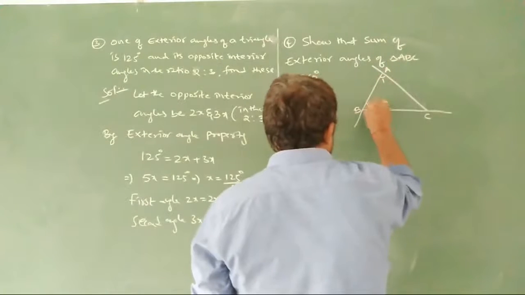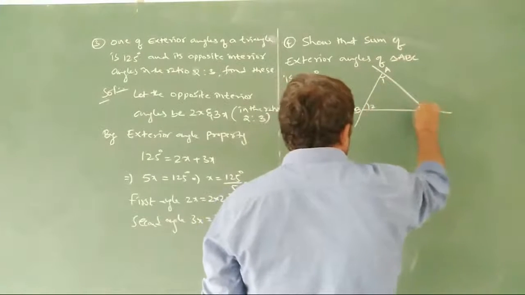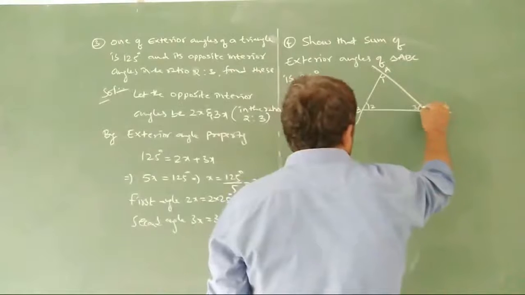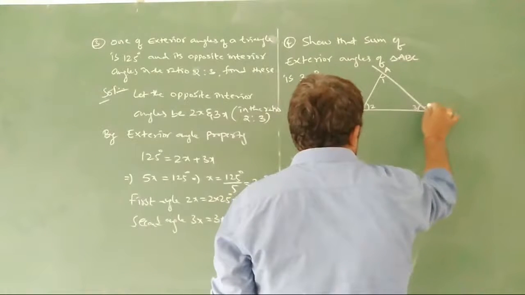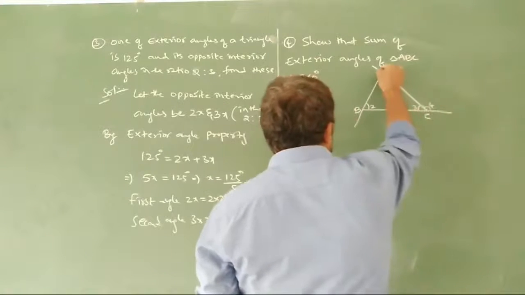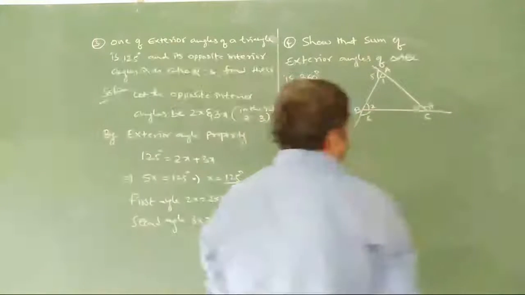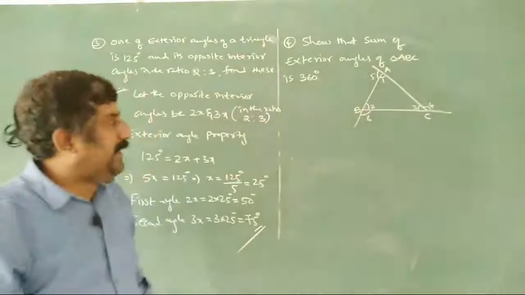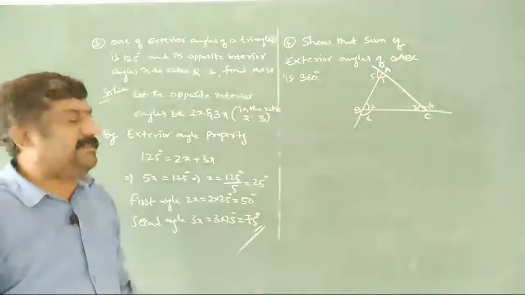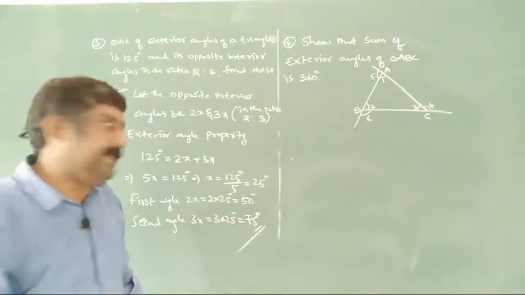Assuming angles 1, 2, 3, 4, 5, 6. How many angles are forming here? 6 angles are forming. 3 interior, 3 exterior.